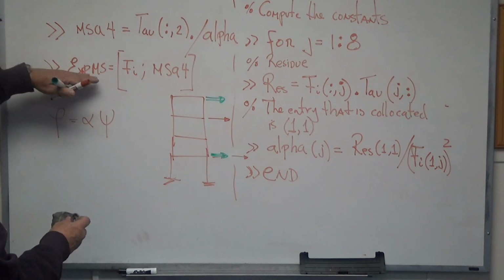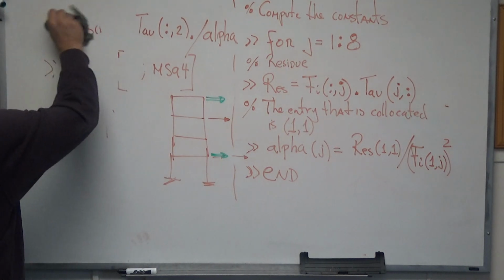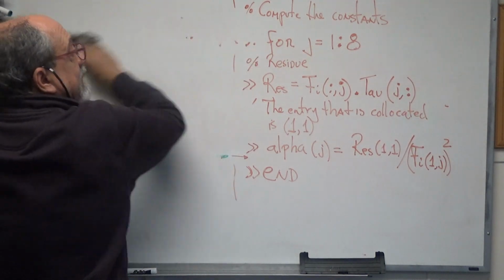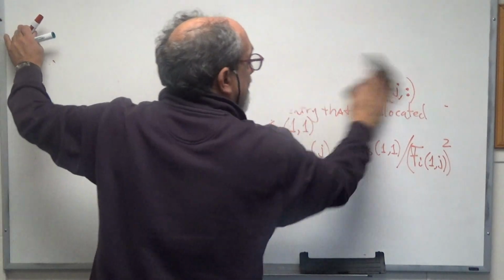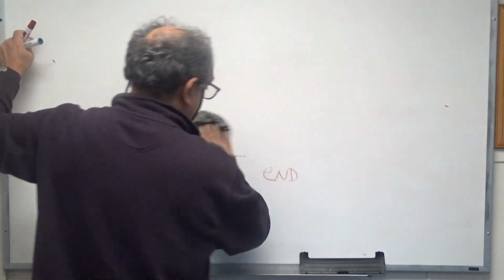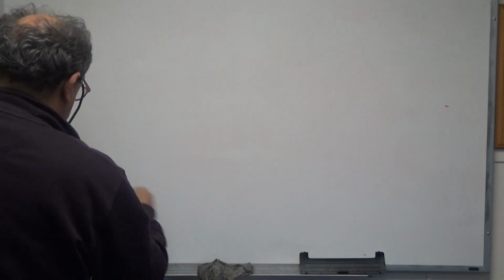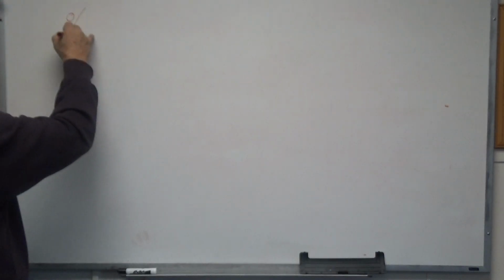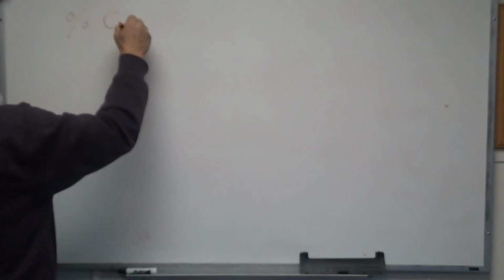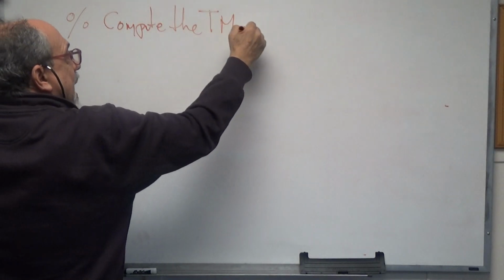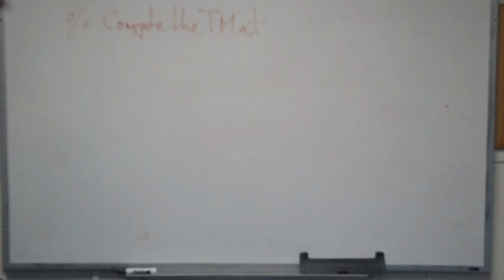And now once the expanded eigenvector is available and the constants are available, I'm going to use expanded mode-shaped notation. Then we can simply say at this point, let's compute the transfer matrix at any S value that you want.